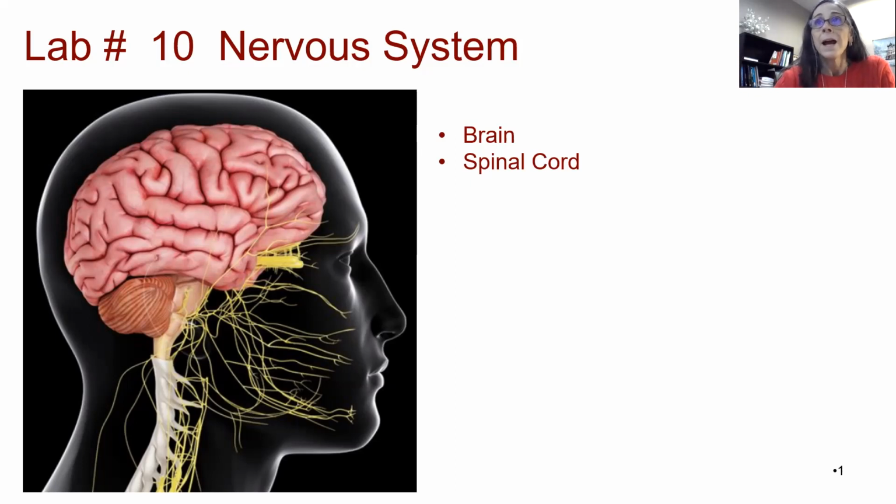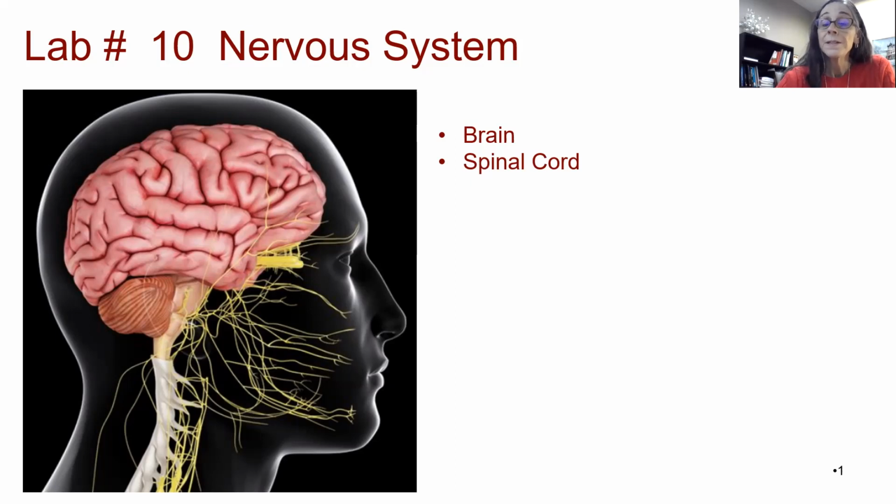The efferent division can be subdivided into two other systems. Those are the somatic nervous system, and don't get it confused with the somatic sensory receptors. We're talking about the motor command, that efferent division.